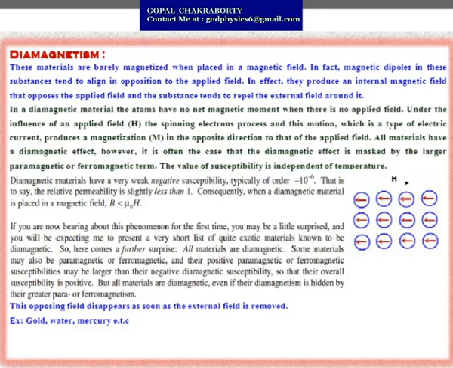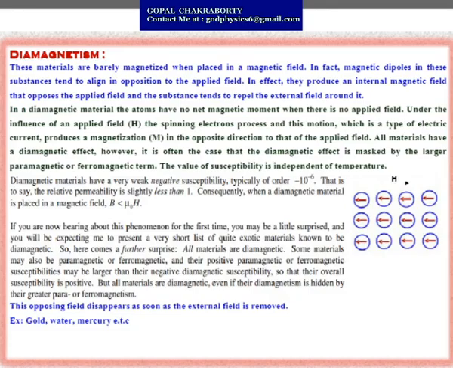All materials have a diamagnetic effect. However, it is often the case that the diamagnetic effect is masked by the larger paramagnetic or ferromagnetic effects. The value of susceptibility is independent of the temperature.